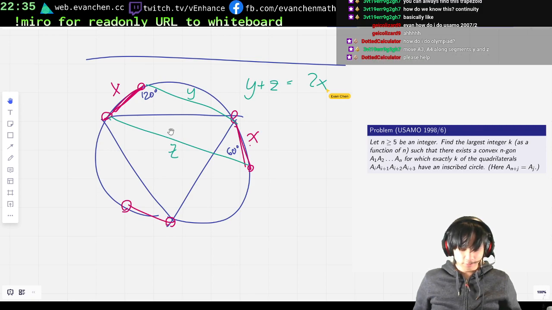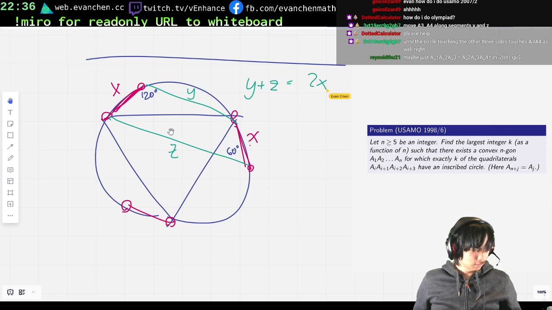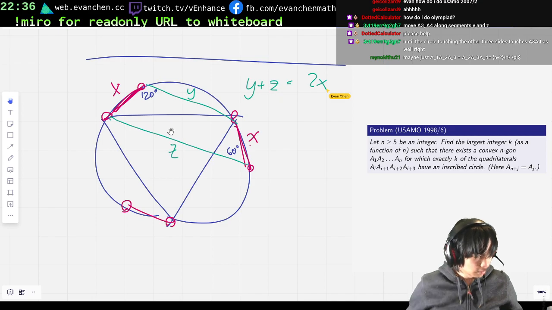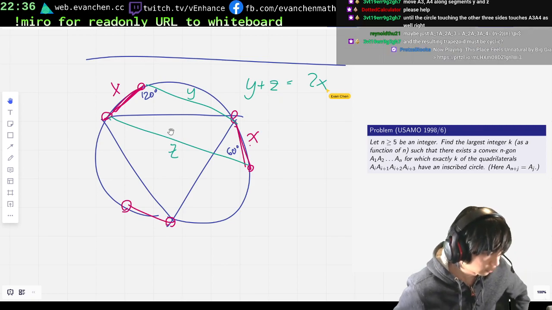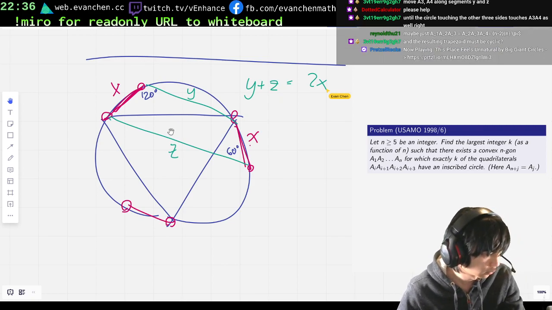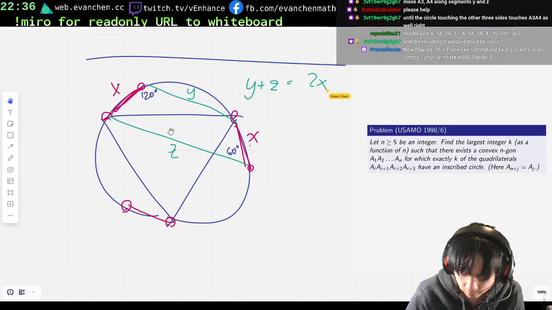It works for the 60-degree angle here because if I make x the full length, then it's fine. Okay.